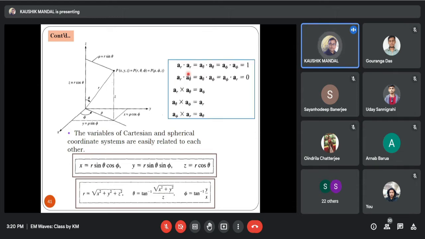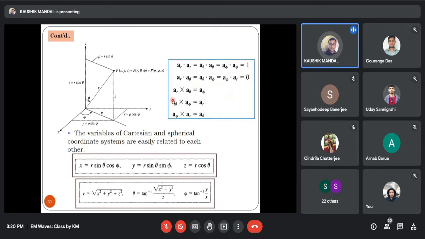Now, if you consider the dot product between the unit vectors, as we have already discussed, for three different planes, in one plane it is AR, in another plane it is A theta, and in another plane it is A phi. Obviously the dot product of the same unit vector will always be one. But AR dot A theta, I think they are perpendicular to each other, so the angle is 90 and it becomes 0.